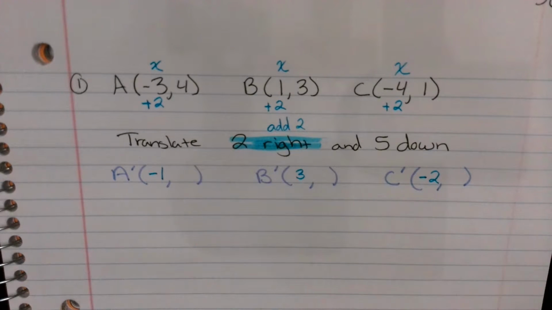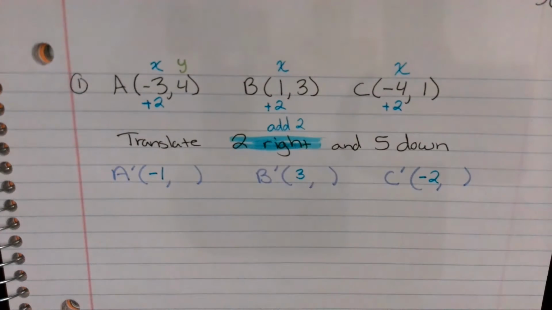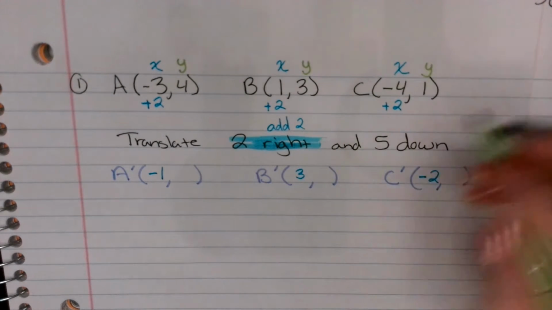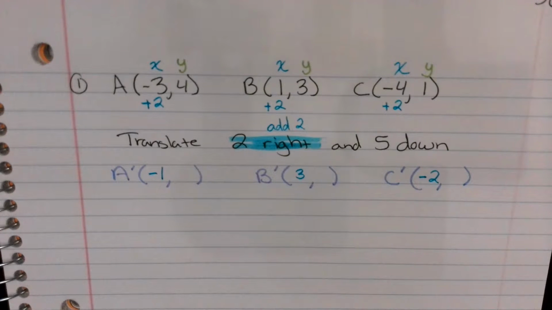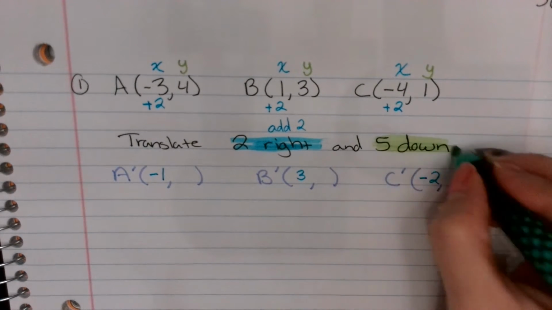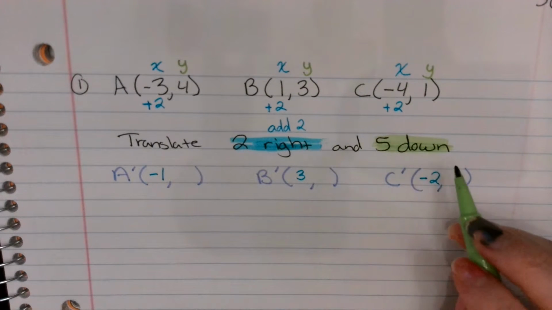All right, then we've got our position for Y. Each of these positions, the positive 4, the 3, the positive 1, these are each of my Y coordinates. And my Y coordinate, again, moves up and down. In this case, I'm moving 5 positions down.